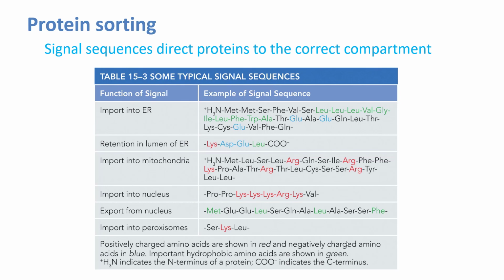So for instance, if we look at import to the nucleus, we see these signal sequences involve a string of positively charged amino acids. And for import into the endoplasmic reticulum, a string of hydrophobic amino acids. So while they can be slightly different on different proteins, the final destination of the protein, each of those signal sequences has a characteristic format.